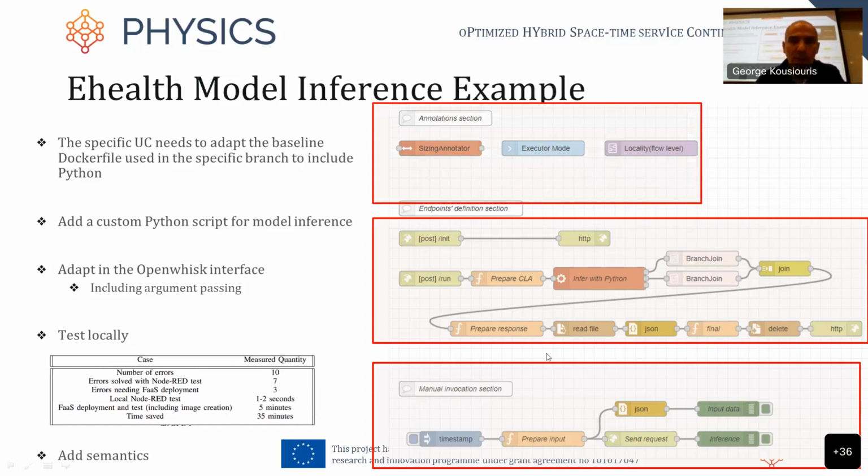So if they want this flow to be executed as a service or as a function, and other considerations like locality. So if we have a number of available clusters, the developer could dictate that the specific flow should be deployed on a given location. And we have a number of other annotations with relation to optimization goals if we want to optimize performance, energy, etc.